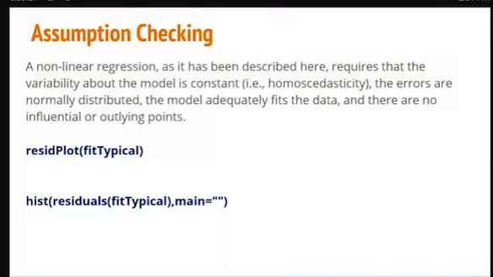So how do we investigate that? How do we investigate normality? How do we investigate constant variance? If we want to investigate normality, we can go graphical using a residual plot. We did the same in a linear model.